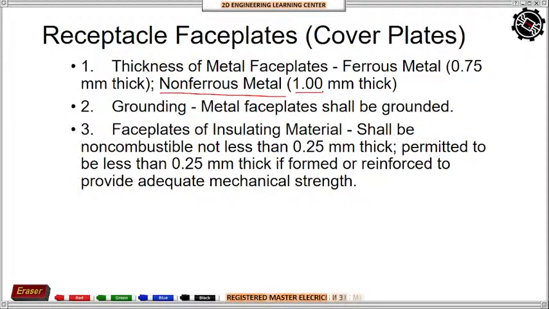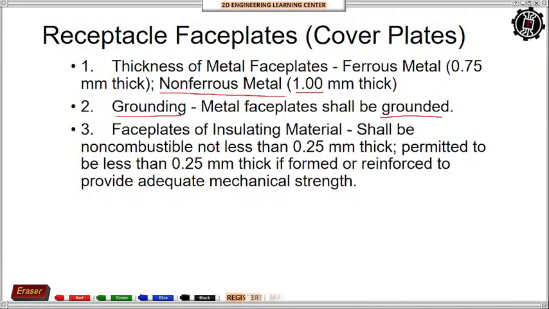Kapag naman ferrous, yung mga cast iron, it must be 0.75 mm thick, no? Then the grounding, so the metal faceplate shall be grounded. So if our faceplate are metallic, it should always be grounded, no? So bonded siya dun sa ating metal box or may sarili siyang wire which connects to the grounding electrode.